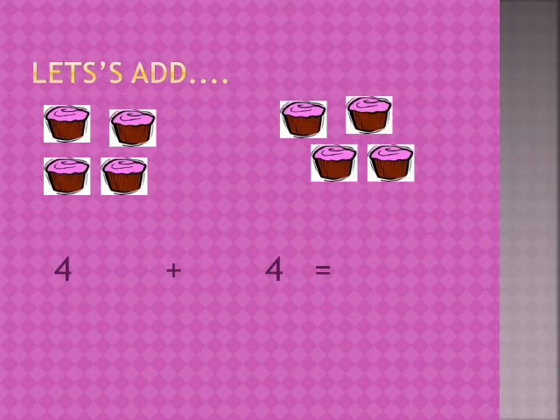Now let's add the number of cupcakes. So there are 4 cupcakes and there are 4 on the other hand too. So 4 plus 4 will be equal to how many? Count all the cupcakes together. It will be 8. Very good.